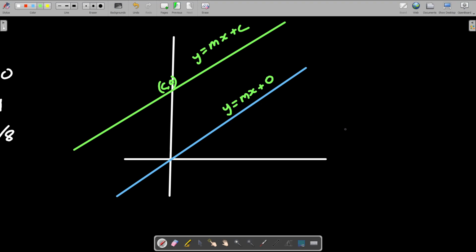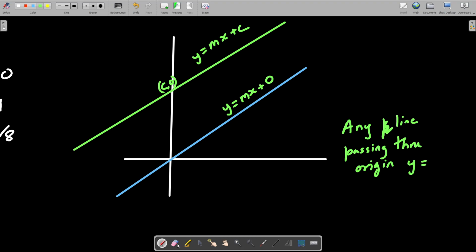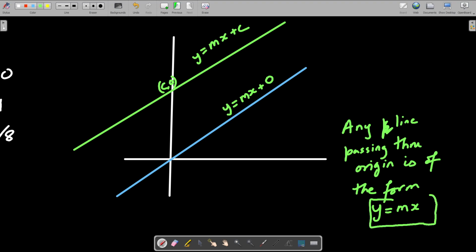Anyways, in general, any line passing through the origin is of the form y is equal to mx.